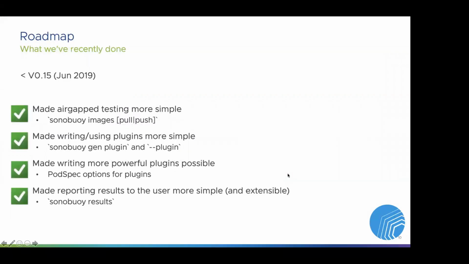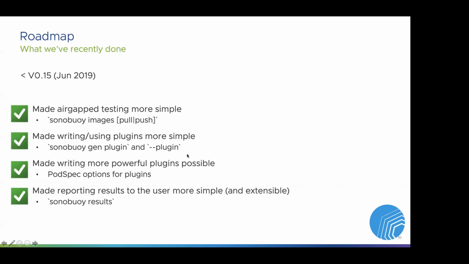Okay. So I want to talk a little bit about our roadmap. First, the things that we've recently knocked off of our bucket list, so to say. We've made it easier for you to run tests in your air-gapped environments. So if you weren't aware, to run the Kubernetes tests upstream or on your cluster, it's not just a single test image that's required, because those tests themselves are launching a lot of containers and pods and doing all sorts of things.